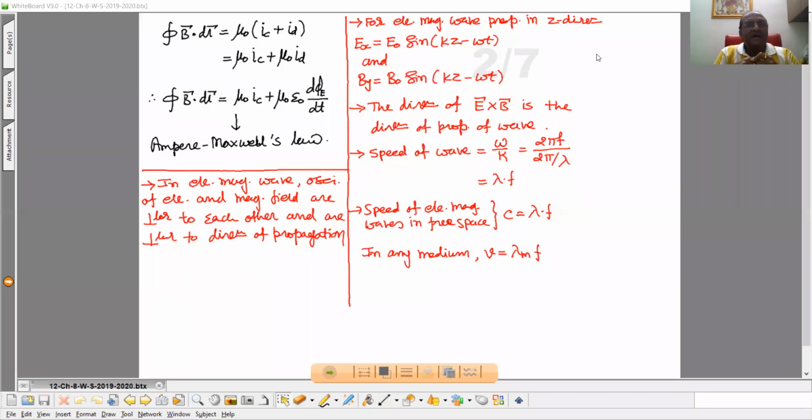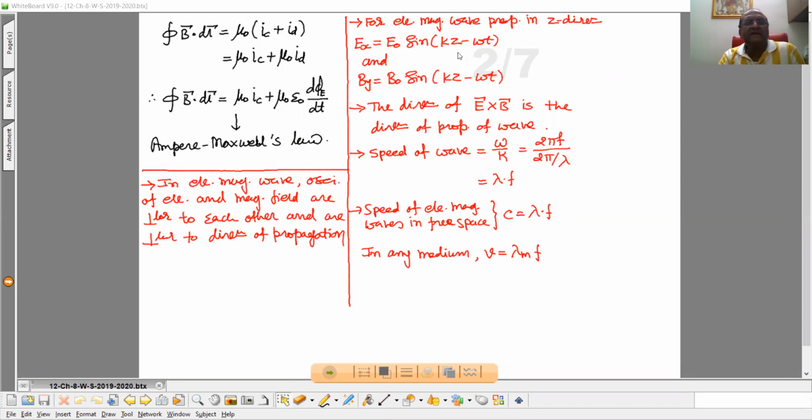oscillating charge, he produced the oscillating electric field in the space, and the oscillating electric field produces the magnetic field, and these oscillating electric and magnetic fields are self-sustained and they produce each other. And the oscillations of electric and magnetic field are mutually perpendicular to each other.